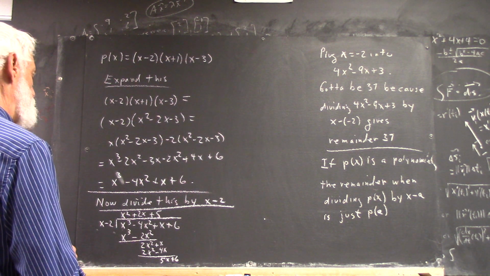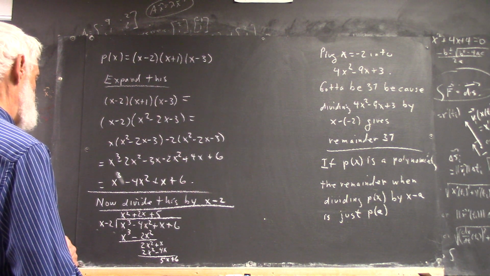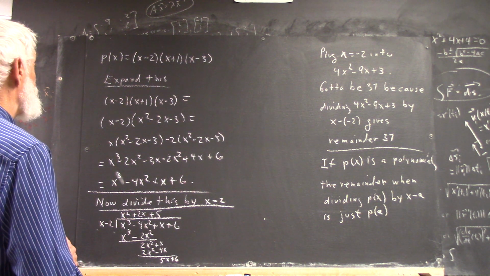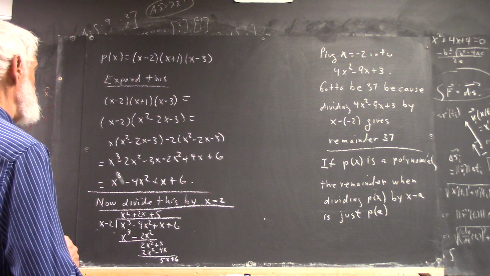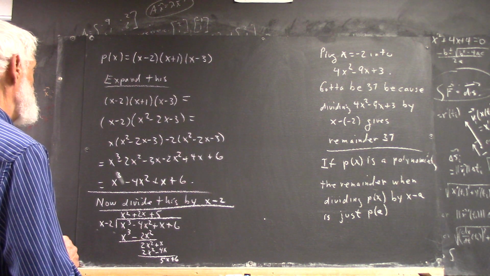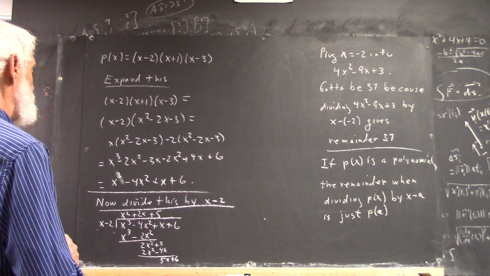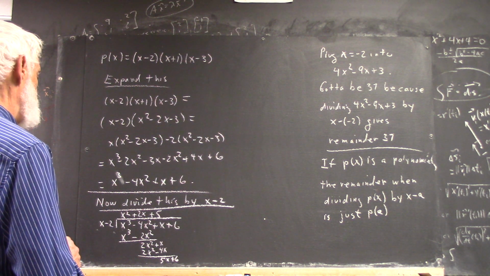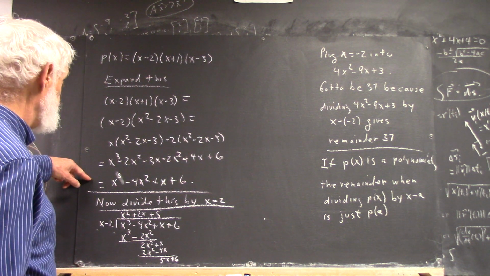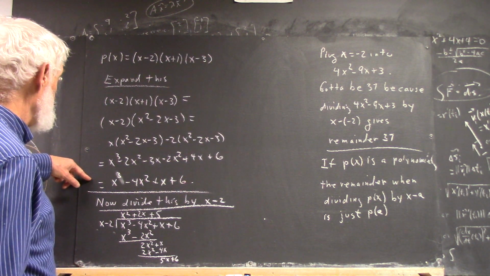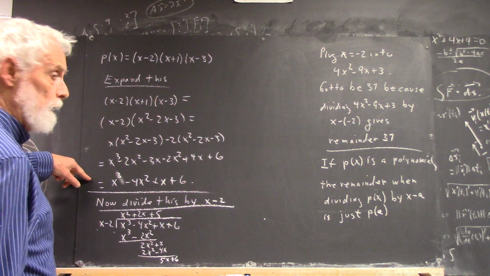Got a bad coefficient or something in this thing, either that or I made a mistake up here. I've never made a mistake, so that couldn't be it, but let's be sure.